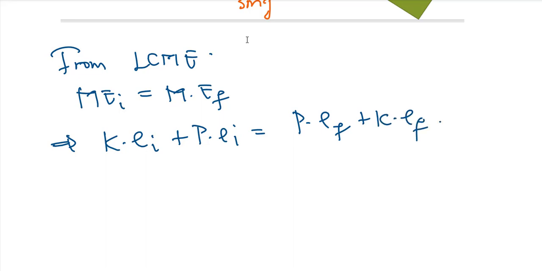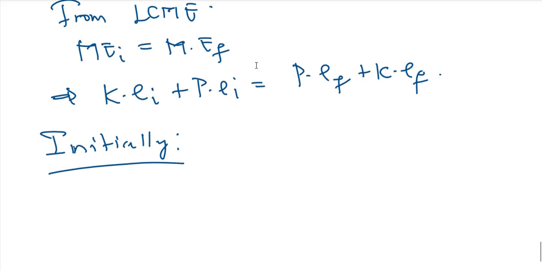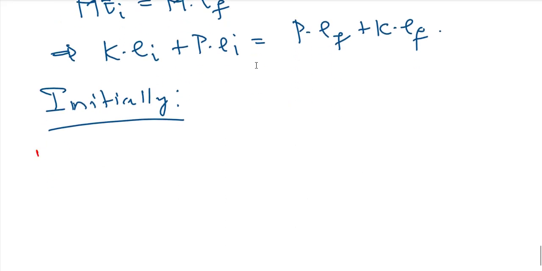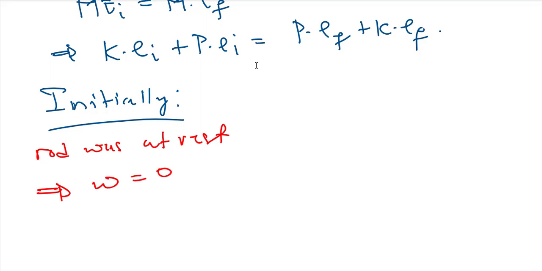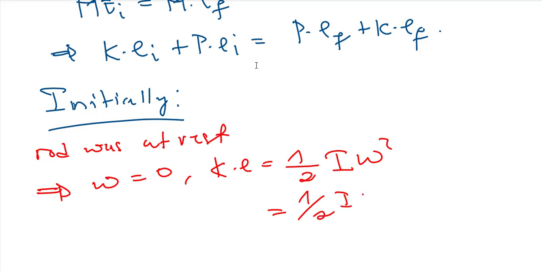Now initially, what do we have? The rod was at rest. What does this imply? It simply means that the angular speed omega of our rod is 0 rad per second, since the kinetic energy for bodies moving in a rotatory manner is given by a half I omega squared, or you might also see it as a half I theta dot squared.